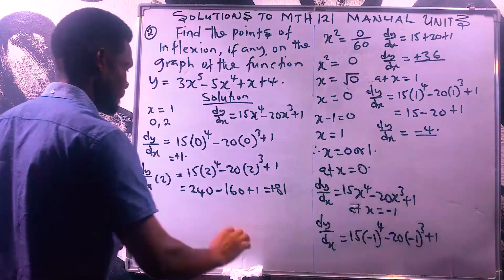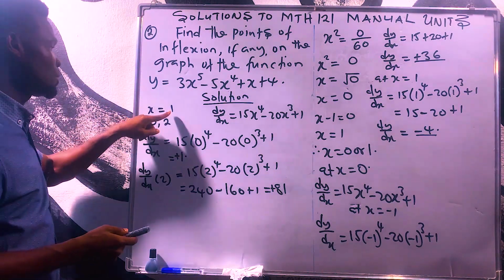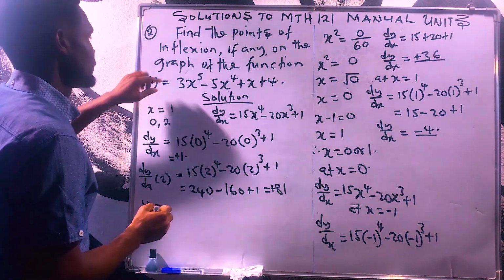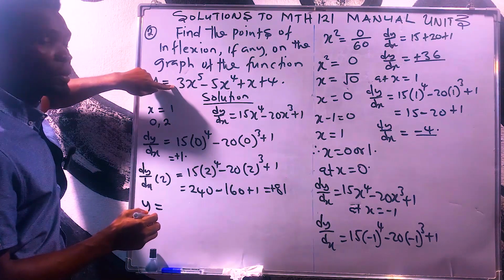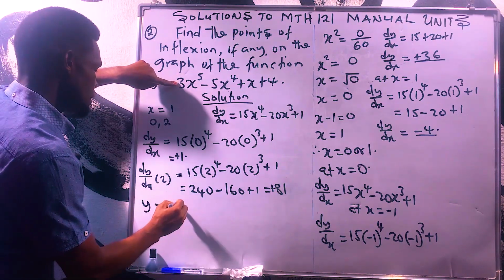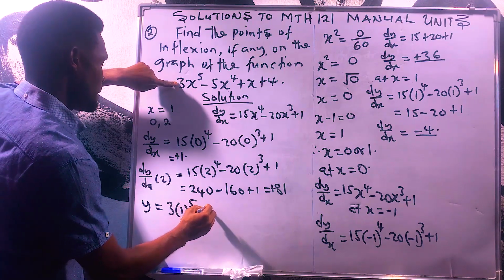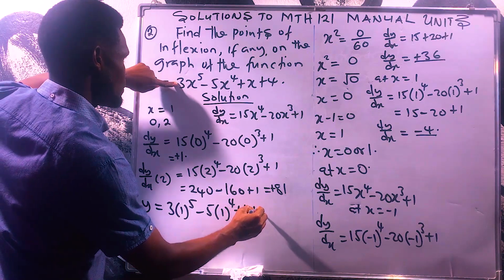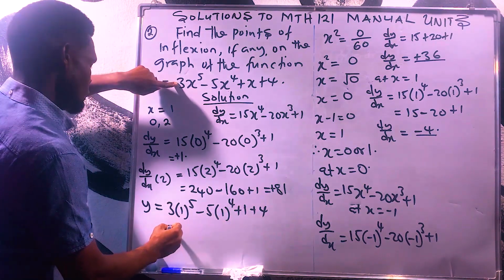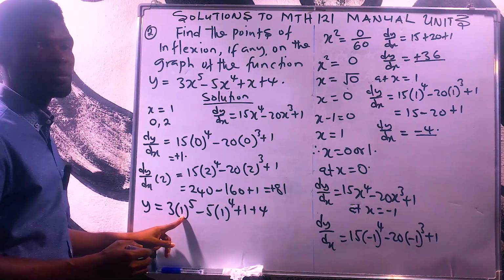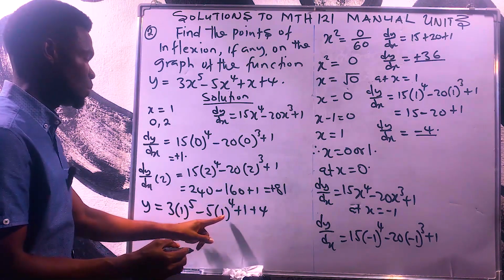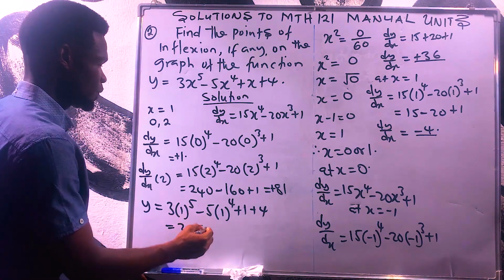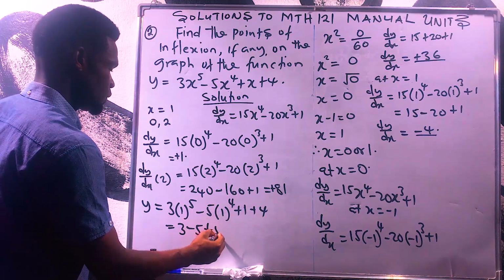Then finally, you pick that point, which is 1, and put it into the original function y equals this. So put 1 in this. You have 3 into 1 raised to the power of 5, minus 5 into 1 raised to the power of 4, plus 1, plus 4. 1 raised to the power of 5 is 1. 1 times 3 is 3. 1 raised to the power of 4 is 1. 1 times minus 5 is minus 5. 1 plus 4 is 5.